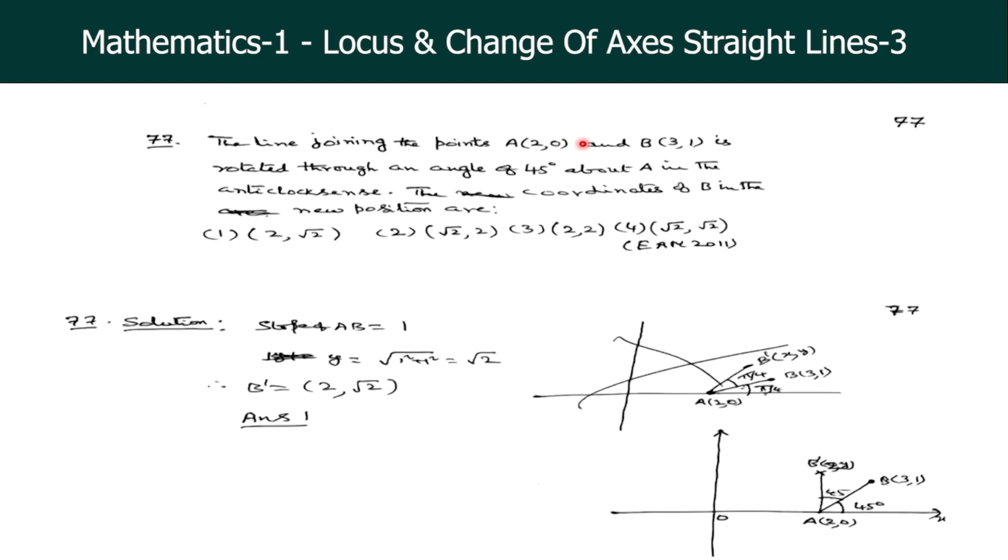The line joining the points A (2, 0) and B (3, 1) is rotated through an angle of 45 degrees about A in the anti-clockwise sense.